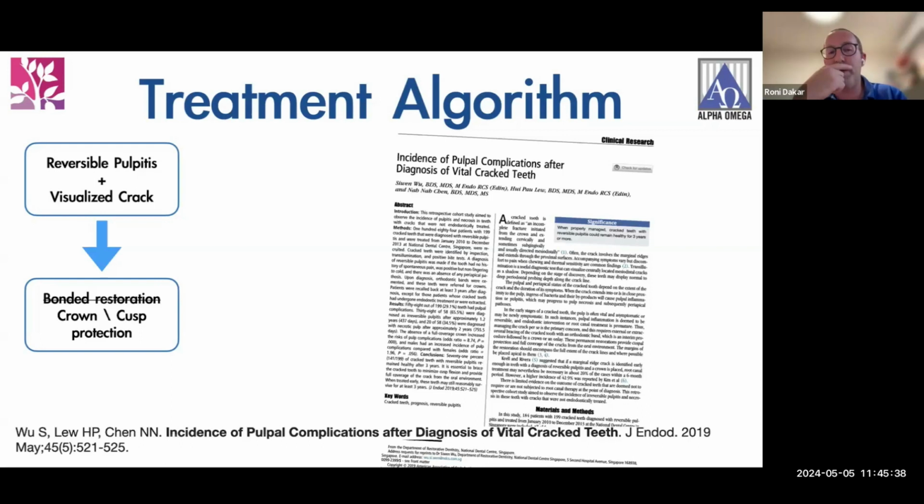then once in the past, we would have recommended the composite restoration using the C factor, the shrinkage during the curing of the composite to bring the two parts of the crack closer together and maybe prevent the crack from propagating, from progressing.